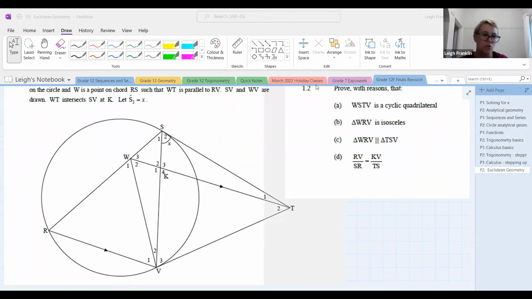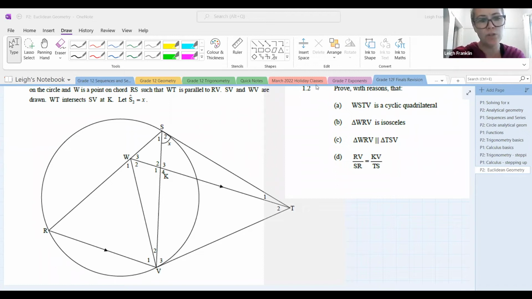So straight away, the angle between the tangent and the chord is equal to an angle in the alternate segment. So now what I want you to do, if possible, is put your finger at S and your finger at V. Remember, angle x or angle S2 is the angle between the chord and the tangent. The tangent is ST, the chord is SV.